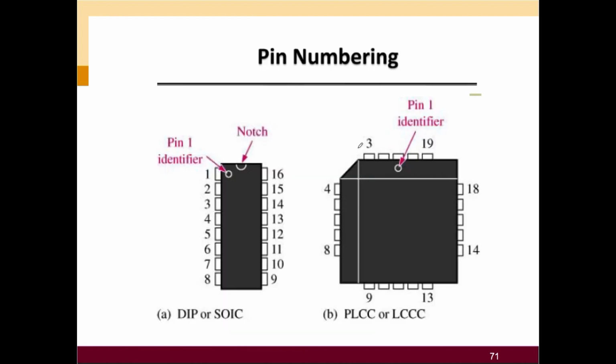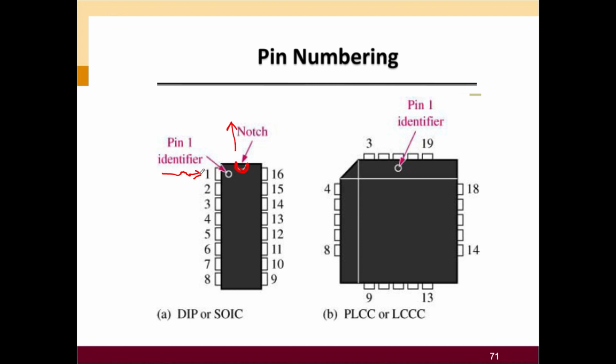Okay, I give you the example because there are notes over here, right? So how are you going to calculate the pins and identify the top left? You need to place your chip like this, and there is a small hole over here called a notch, facing up.